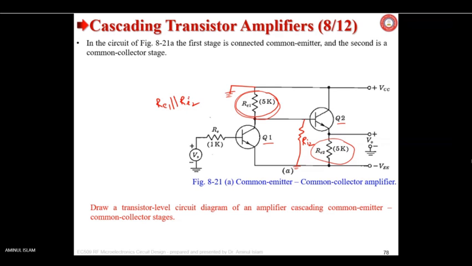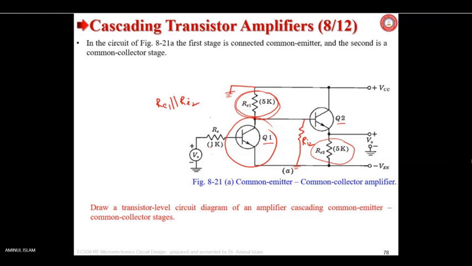Any amplifier has to drive a load, like the speaker we connected earlier, with a speaker resistance of 8 ohm. So what is the load of this Q1? RI2 in parallel with RC1. RI2, the input resistance of the second stage, is in parallel with RC1. That is the load. The combination of these two is the load for the first stage. Is it understood, Bushra?